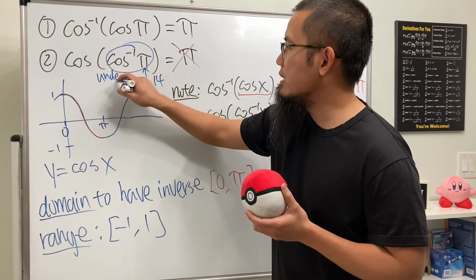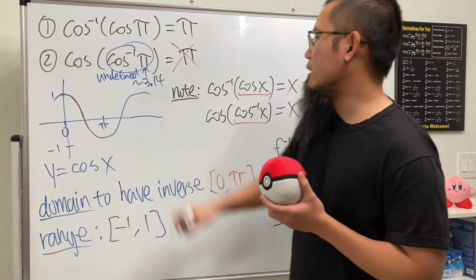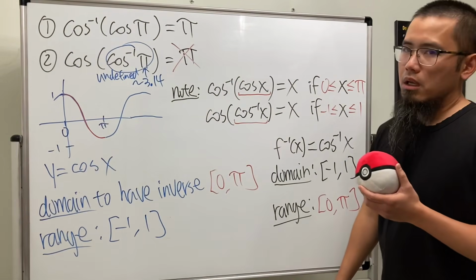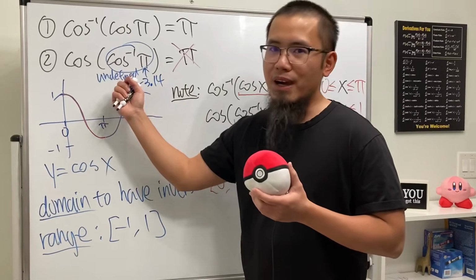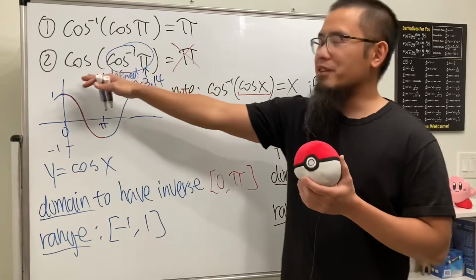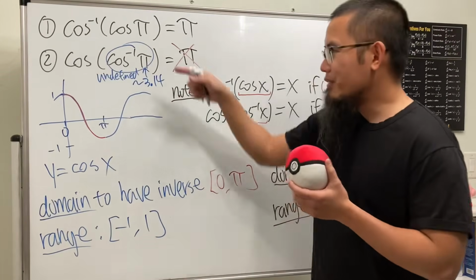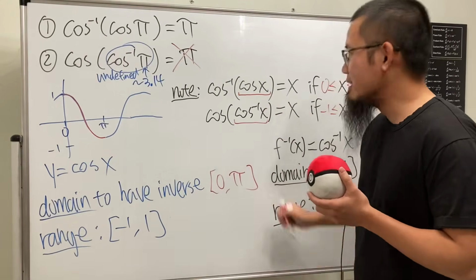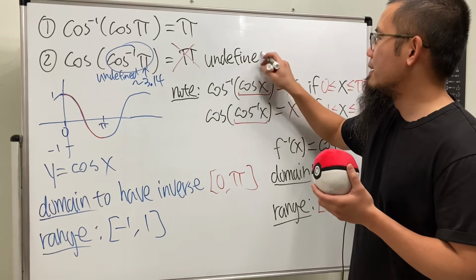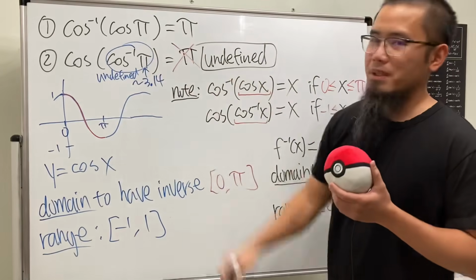We do not have an answer for this. Why? Because again, it's out of our domain. Of course, cosine of undefined, you can't just cancel it. No, don't do that. Cosine of undefined is still undefined. So in fact, for the second one right here, the answer is actually undefined.